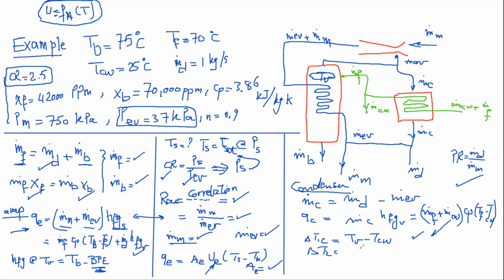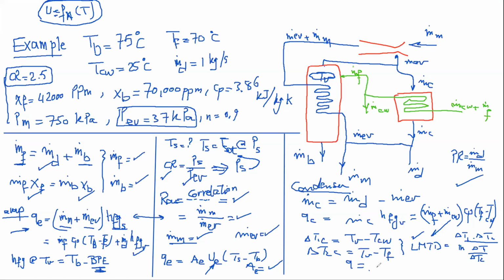Delta T2 in the condenser is TV minus T F. And from here, we can calculate the log mean temperature difference, which is delta T1 minus delta T2 over ln delta T1 over delta T2.